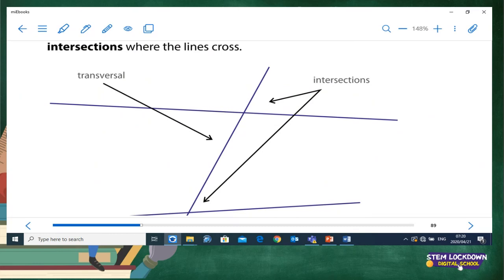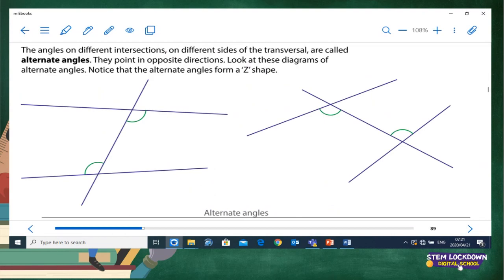And perhaps today what we can thoroughly look at will be to define the different angles that are formed when a line cuts two lines at 2 points of intersection. And this line is called a transversal. That is the line that cuts two other lines at different points.